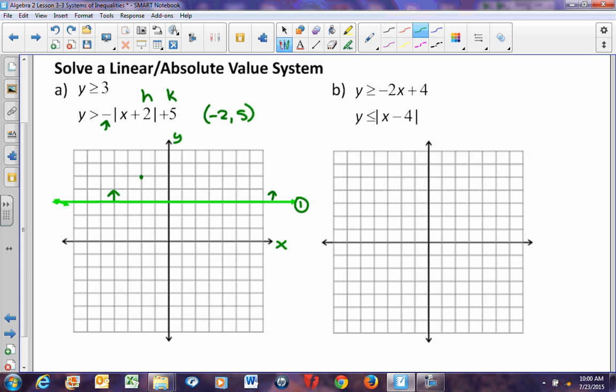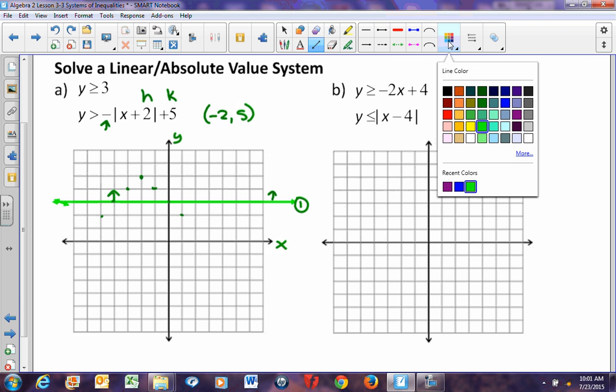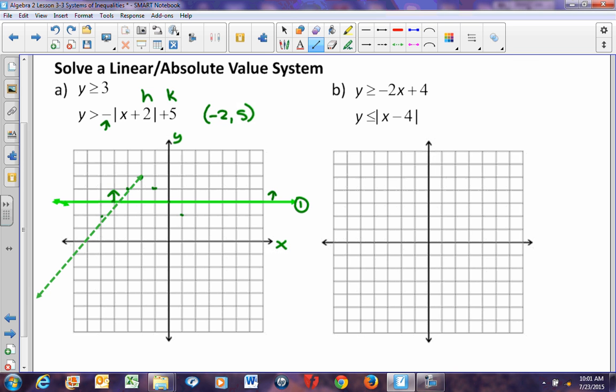My slope is negative, so it's going to be pointing downwards. It's going to look something like this. And it's greater than, so it's a dashed line. So I will have here, here, and there's my graph that way.